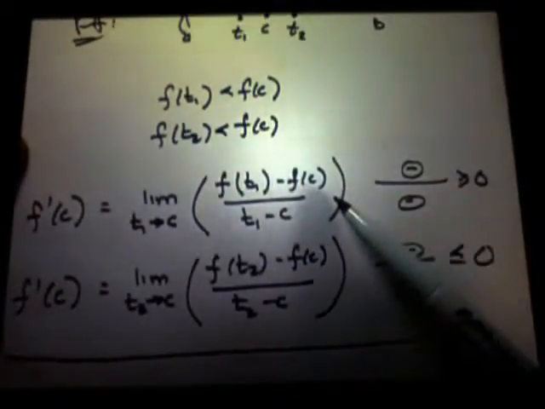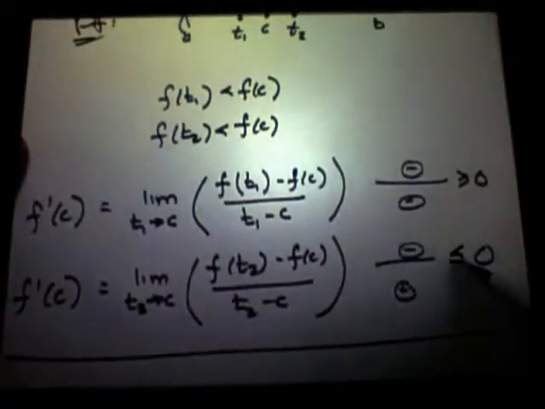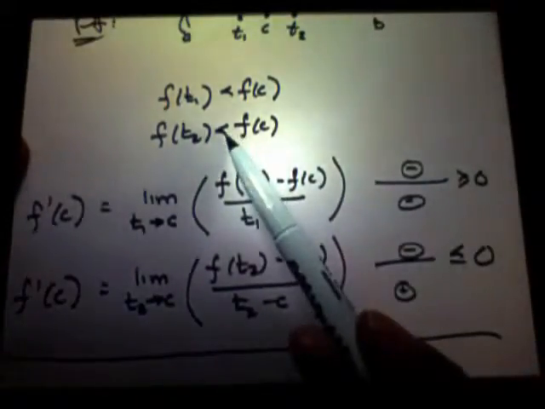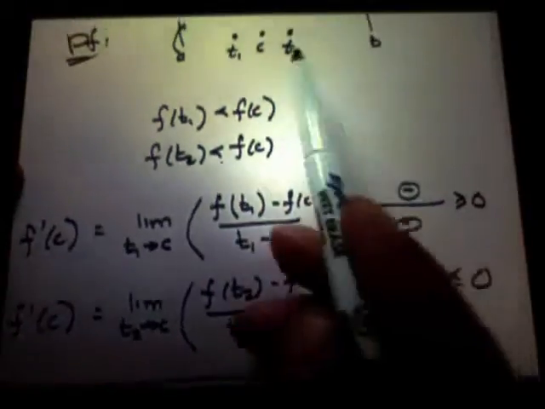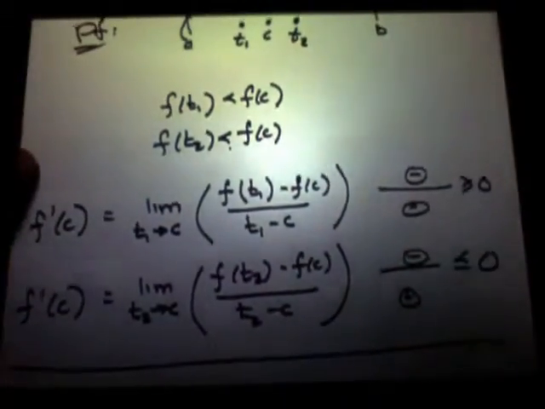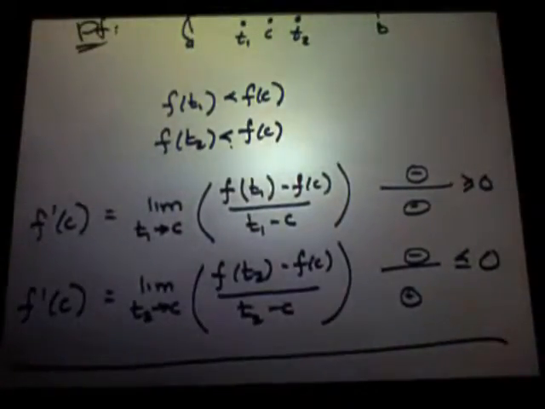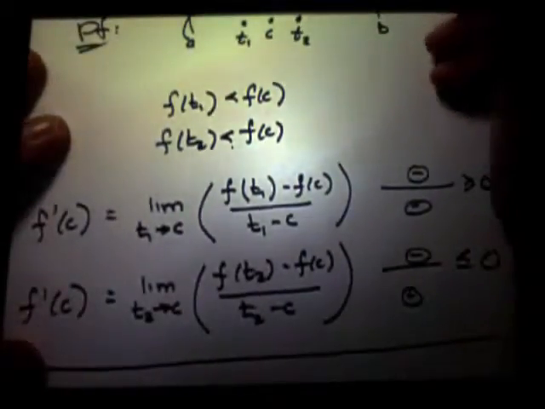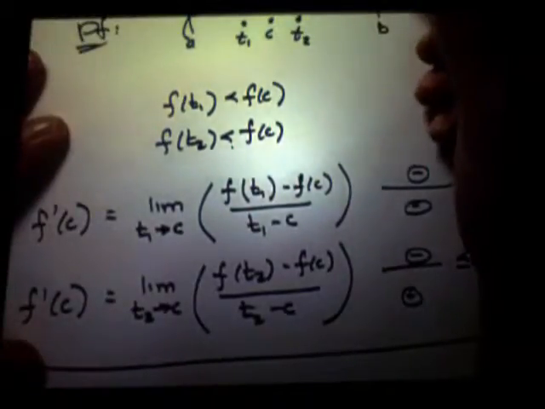Second one, greater than or less than? f of c is the local max. So when you go to either side, it drops. t2 is above c, and t1 is below. The picture looks like this: there's c, there's t1, there's t2.